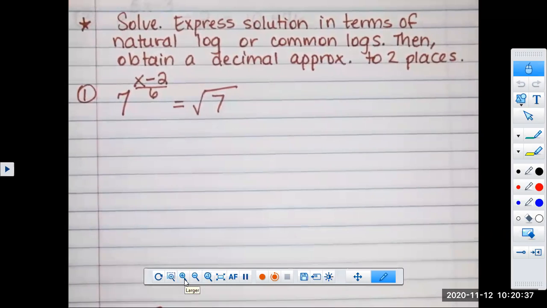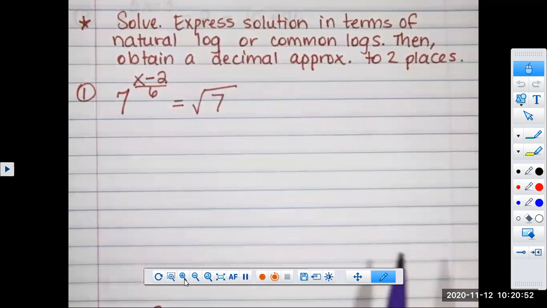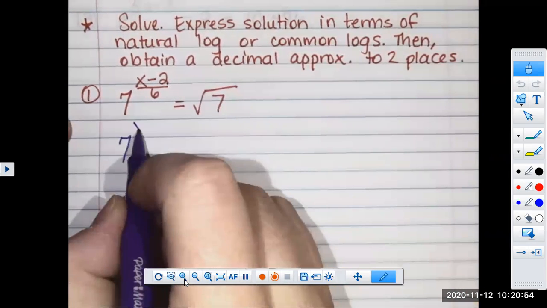What would root 7 be in exponent form? Seven to the 1/2.